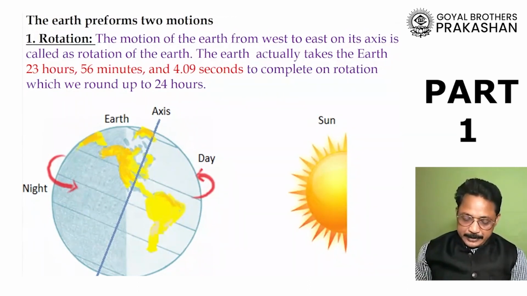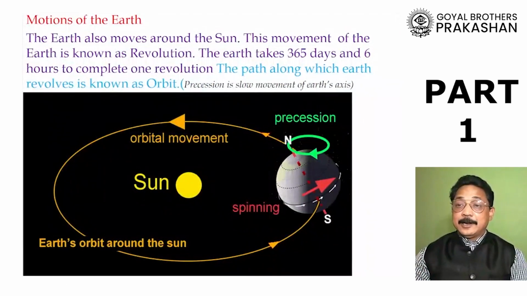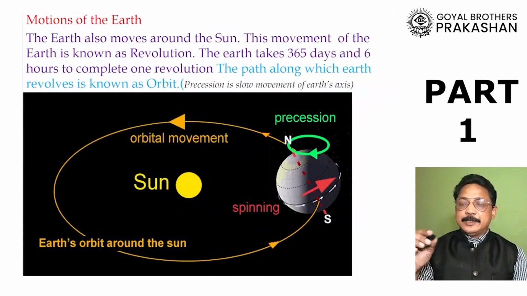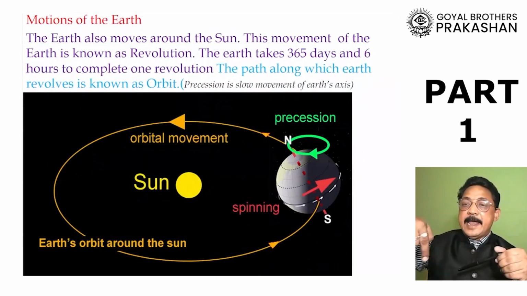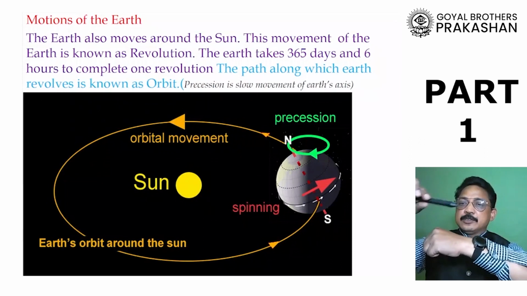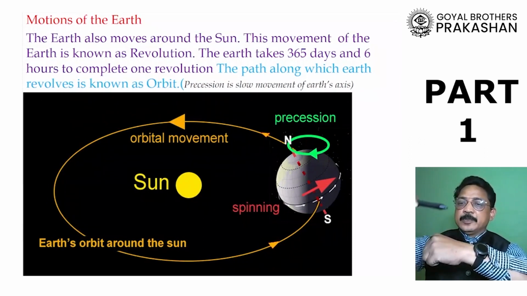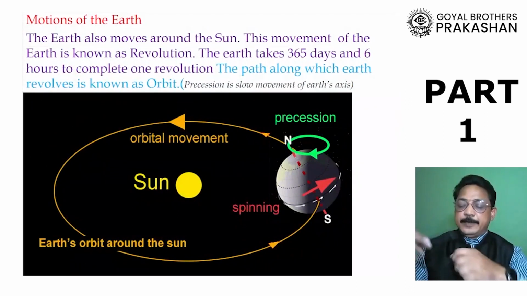Now revolution, as I said, is the motion of the earth around the sun. And please understand a very, very important thing, that earth moves anti-clockwise around the sun. This motion is called clockwise motion. This motion, which is opposite, is called anti-clockwise motion.